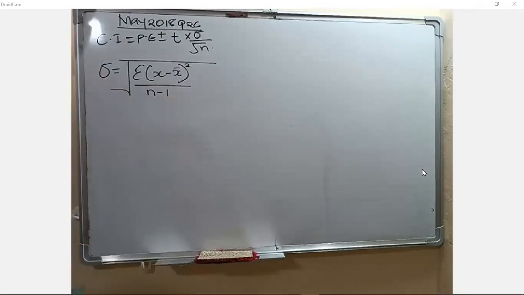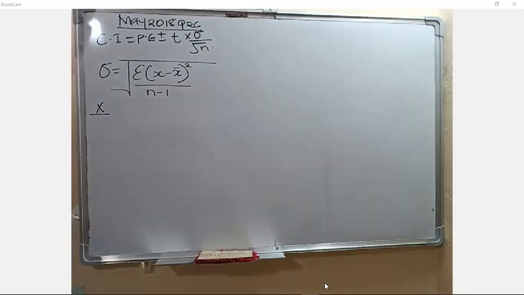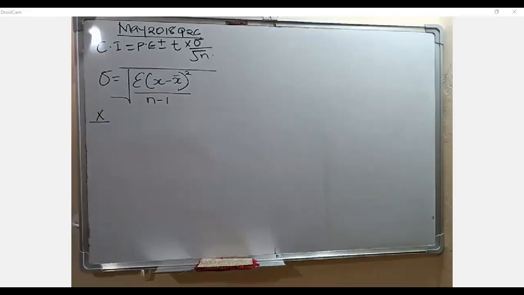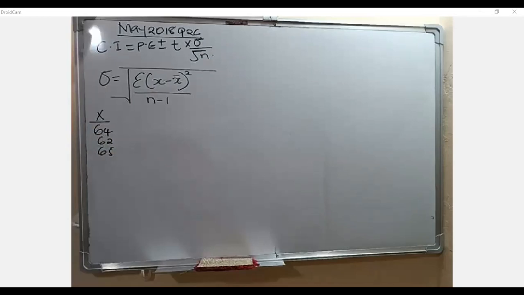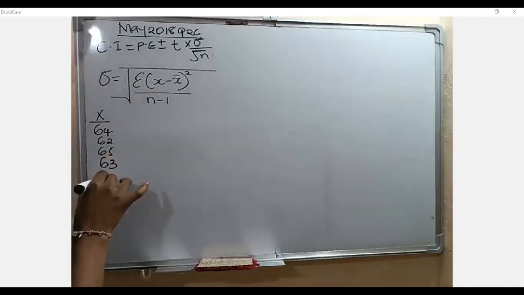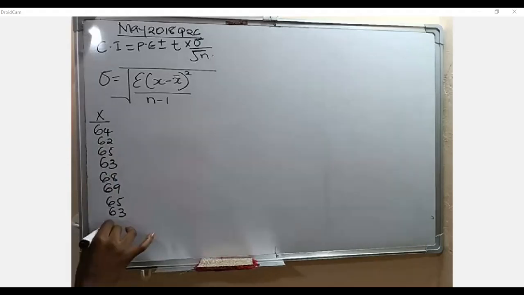So let us look at our x there. The examiner gave us x: 64, 62, 65, 63, 68, 69, 65, 63, 65. What is the total of your x?